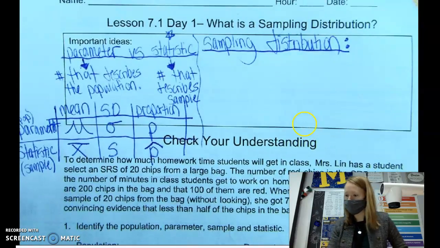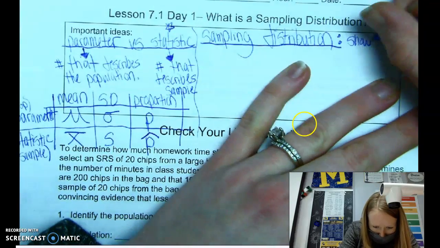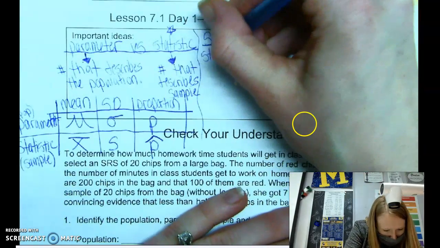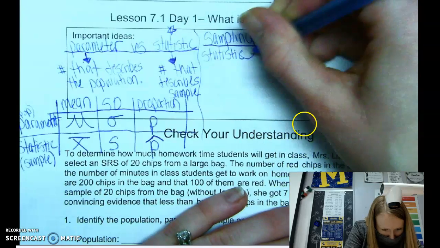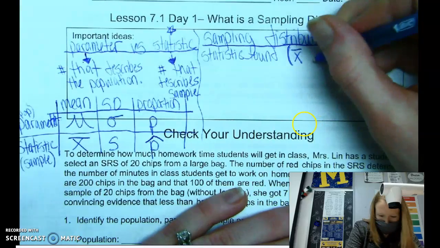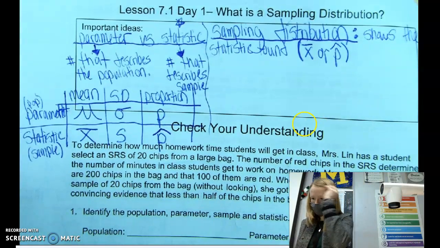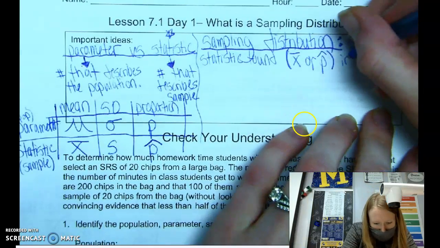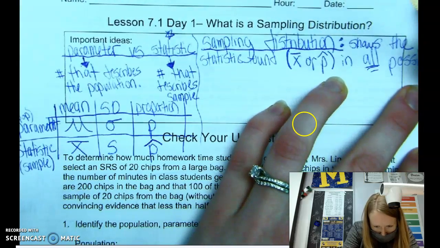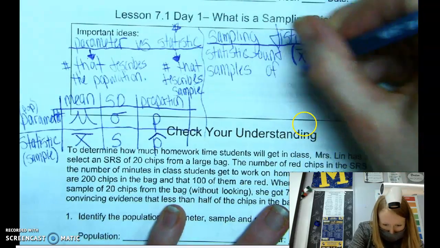And what it does is it shows the statistic found, so usually it's a whole bunch of X bars or a whole bunch of p hats, in all possible samples of size n.